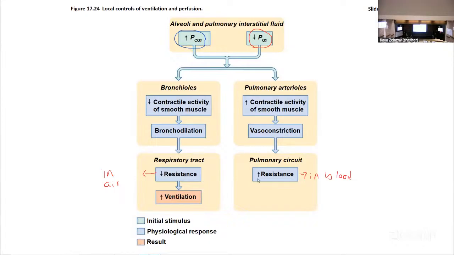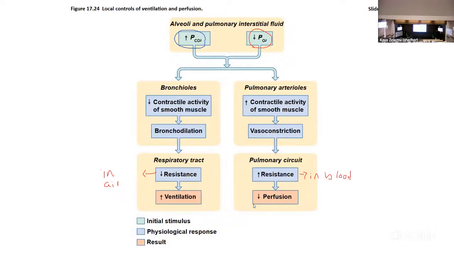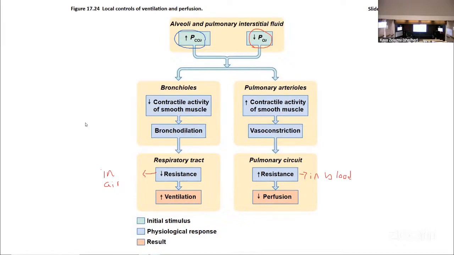Right. So we see increasing resistance in that blood flow, leading to lowered perfusion so that we're trying to match that ratio. Again, get it back to 1. Right. So try and fix it, try and breathe better. If you can't, don't bother sending blood there. That's our big picture takeaway for these ventilation perfusion ratios.